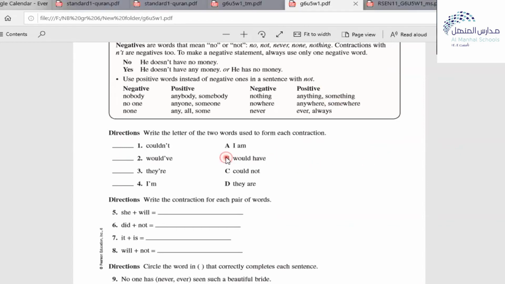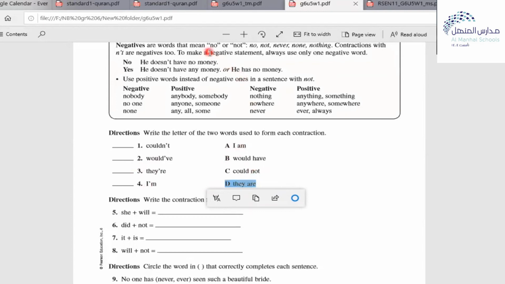This is it: would have, would've. And you have there, they're. The correct answer is D, they are. And I'm. The correct one is I am. This one is simple also.